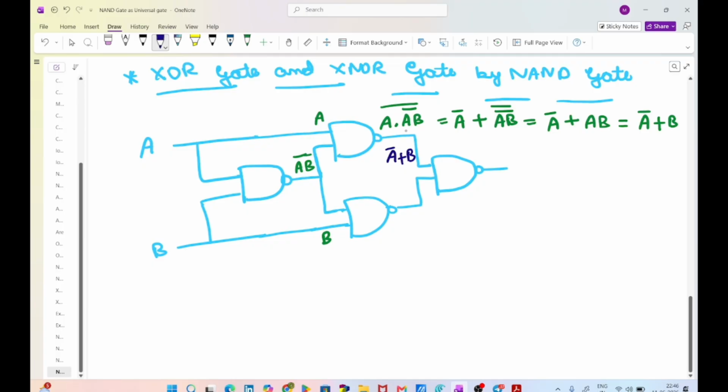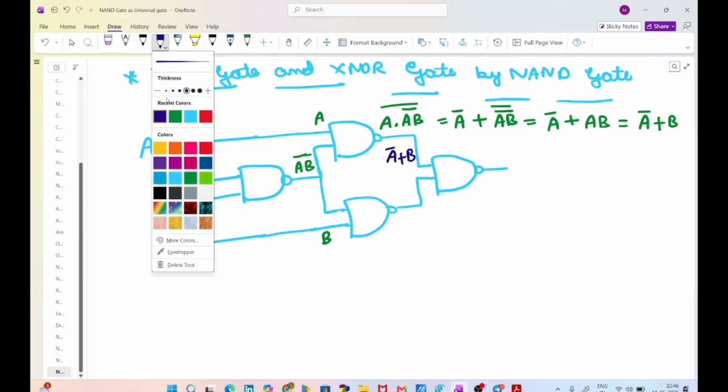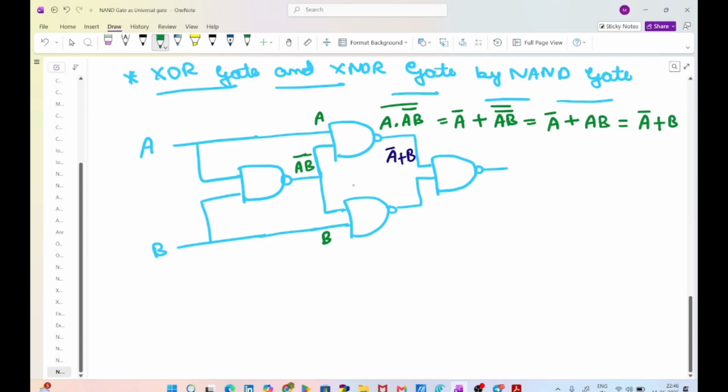Let's solve the same thing here. Here the output will come as B dot A B bar whole bar, that can be written as B bar plus A B bar whole bar.